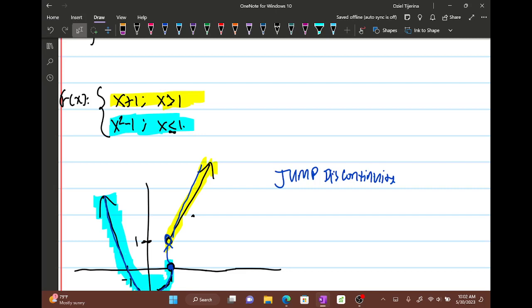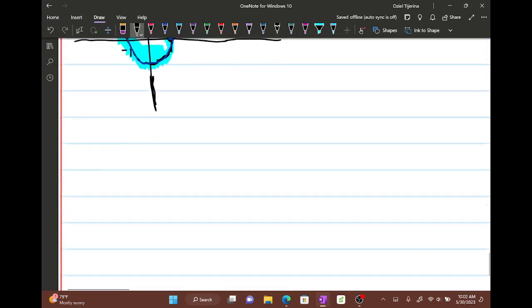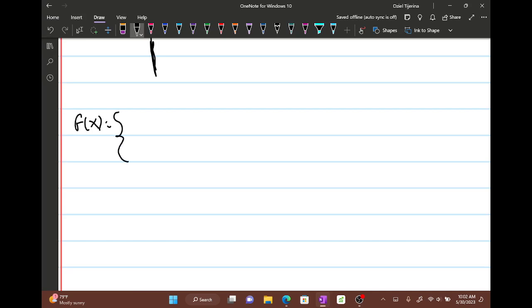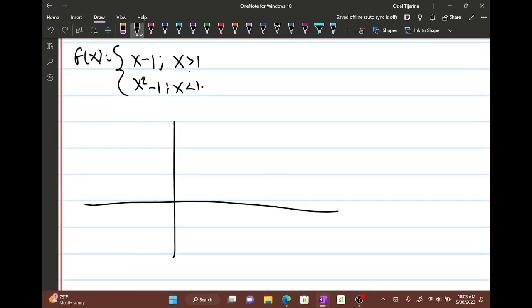Now, I will say this. If they give you a piecewise function where f of x is equal to x minus 1 such that x is greater than 1, and then they decide to say it's x squared minus 1 such that x is less than 1, what would happen in the graph is, obviously, if we have x minus 1 such that x is greater than 1, it looks like this.